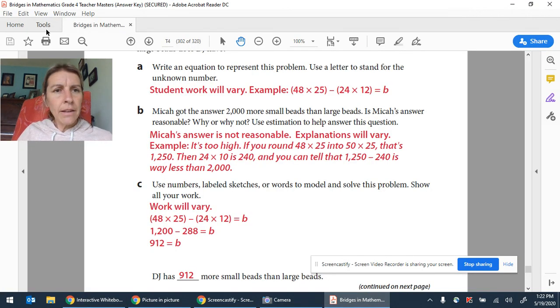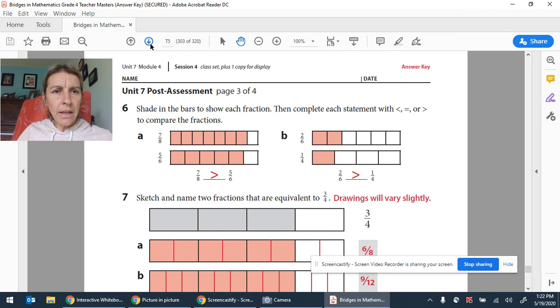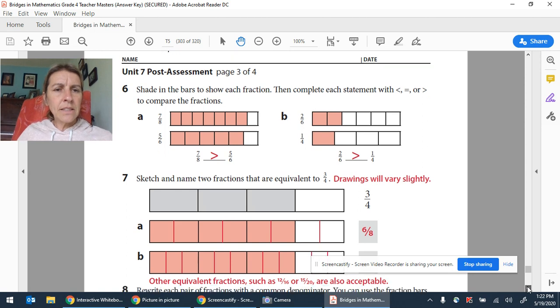Welcome back. Let's go to the next page. I hope it works. Oh, good, you guys, it's right where we need to be. So number 6 says shade in the bars to show each fraction, then complete. Here's what they'd look like. You can see this is less, because if you had that line that comes down, the 5/6 is less.